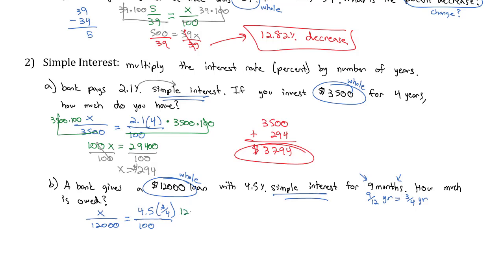Now we can multiply both sides by 12,000 times 100. So the 12,000 and the 100 reduce out, and I get 100x is equal to 4.5 times 3/4 times 12,000, and I'm getting 40,500.